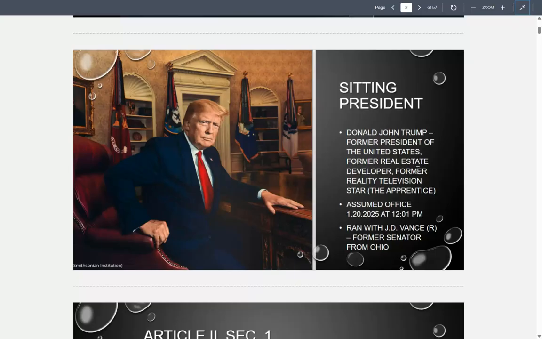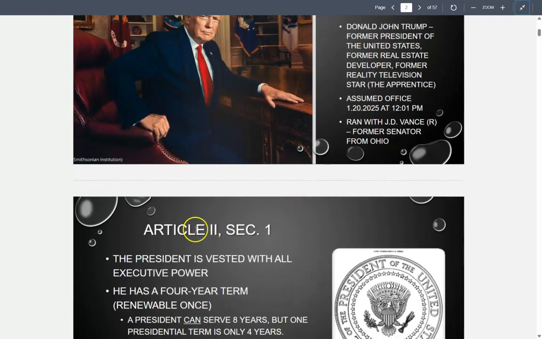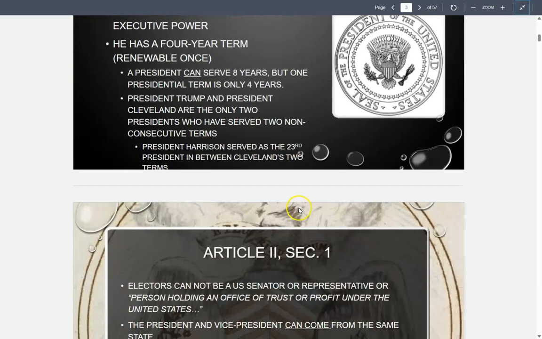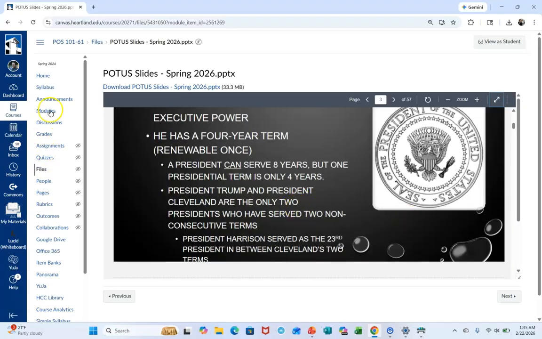Teachers who tell you what to think, that's indoctrination. That's not what I do. So you'll notice this, Article 2, Section 1, I'm walking you through the article that details the presidency.